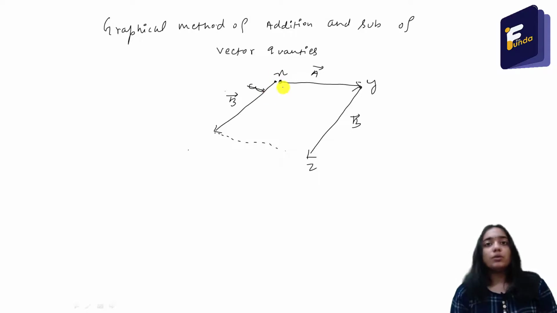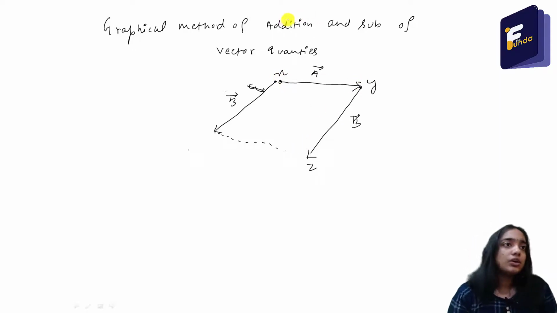A person went from point X to point Y, then went from point Y to point Z. That is the meaning of adding two vectors, A and B. Going from X to Y and Y to Z is the same as doing like this.